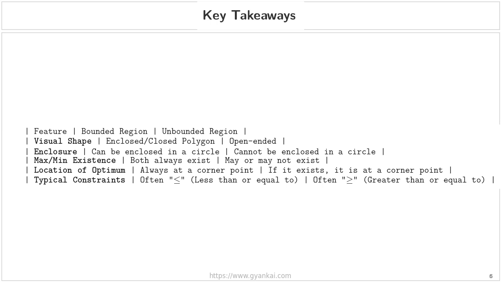Finally, the fifth row shows the typical constraints. You'll often notice that bounded regions are created by less than or equal to constraints, which act as ceilings. Unbounded regions are often created by greater than or equal to constraints, which act as floors. Keep this table in mind, as it summarizes the core logic you'll need to master linear programming.